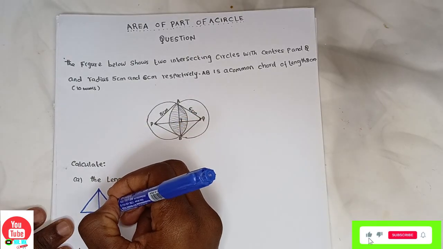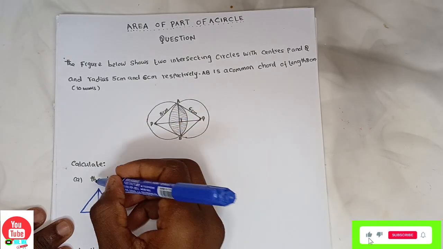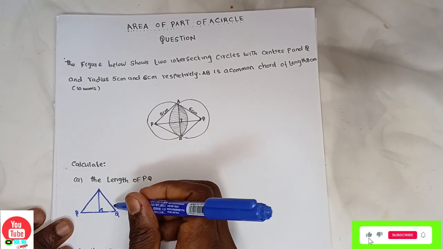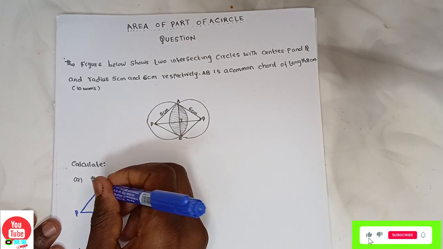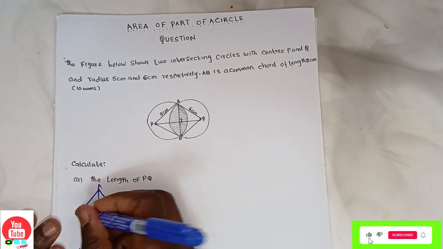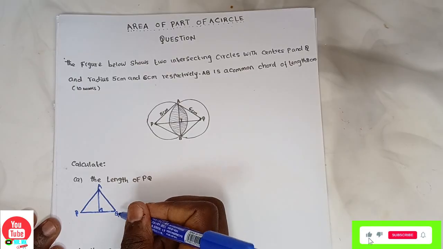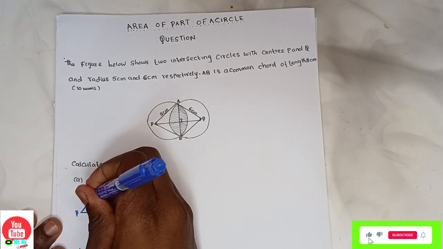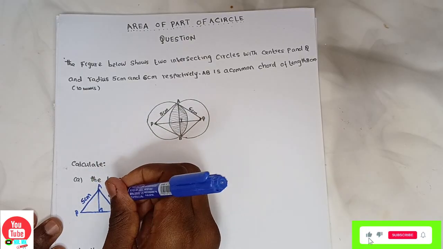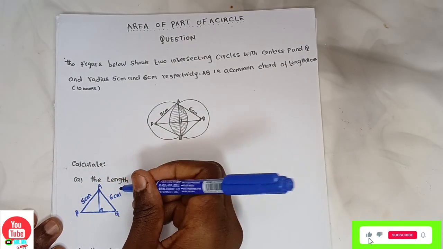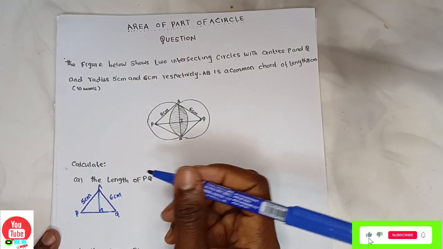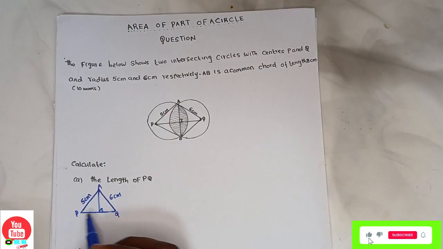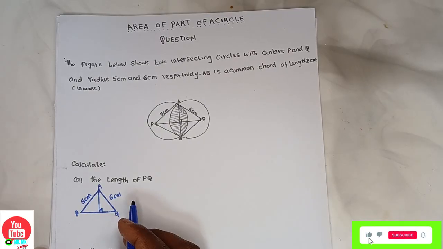That one looks like this: that is P, here is Q, and here is A. AP is 5 cm and AQ is 6 cm. The question says calculate the length of PQ, and PQ we don't have.